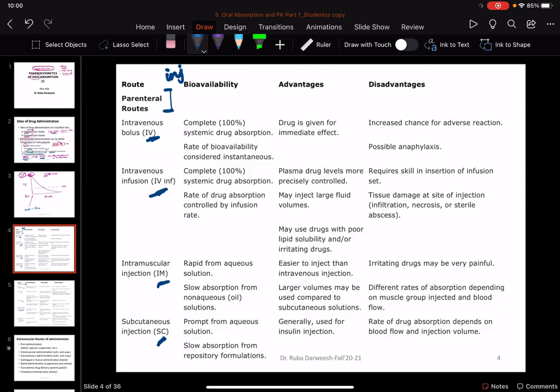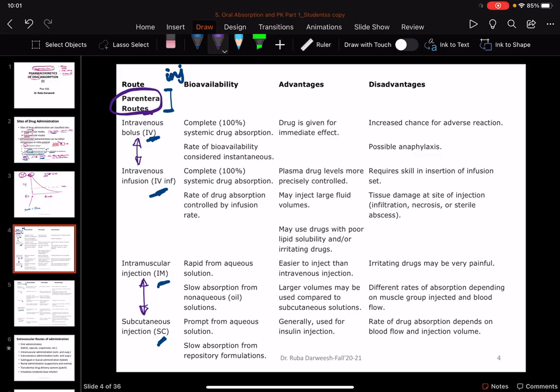What I want you to know from here is that if we are talking about parenteral routes, it doesn't mean that I'm talking about intravenous routes, because both of these are intravenous, but these, for example, are extravascular. So if the route is parenteral, it doesn't mean it's intravenous.